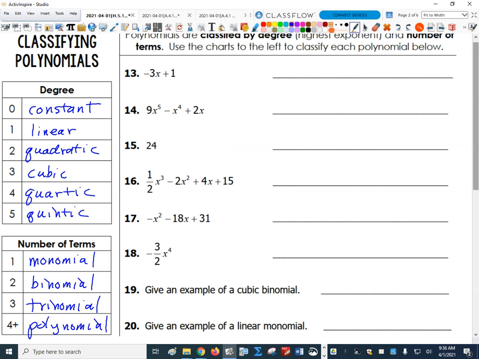What would I call 13? I want to classify it by degree first and then by number of terms. Linear binomial. That's it. How about number 14?